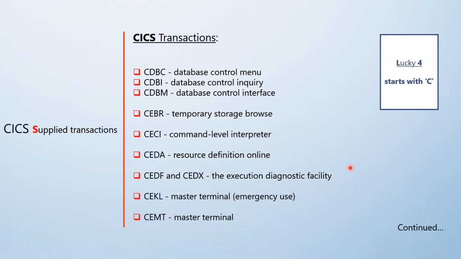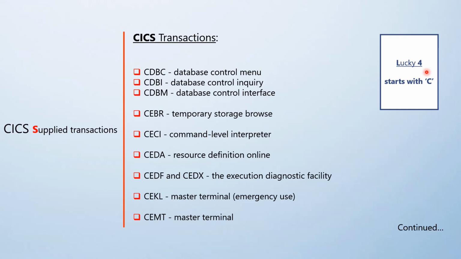To do that, CICS has provided some supply transactions to deal with various facilities which CICS provides. And these are not the complete set of CICS transactions, but a partial list. We always say the lucky number for CICS is 4 because the word itself comprises 4 characters, and the same goes with the CICS supply transactions.